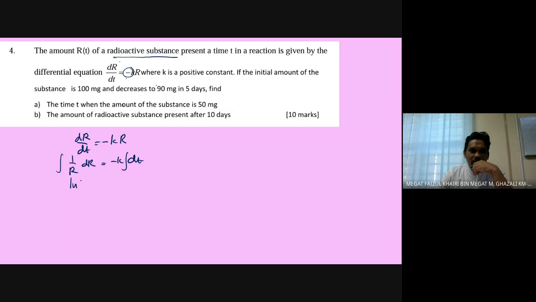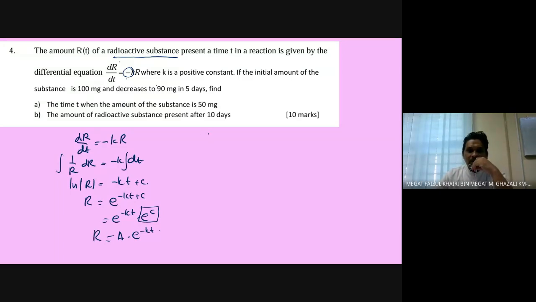So then natural log of R equal to negative kt plus c, and we take the exponential of both sides. The exponential and ln cancel each other, so R equal to e power of negative kt plus c, which is e power negative kt times e to the power of c, and simplify this as A times e power of negative kt.